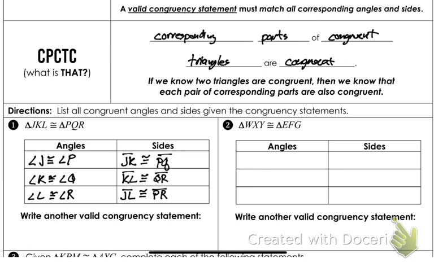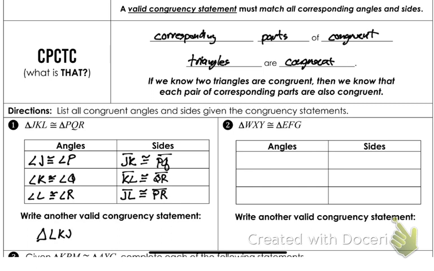Now, be careful what I'm asking next. It says write another valid congruency statement. We've already listed all of the angles and all the sides, right? When I ask for another congruency statement, I'm saying take this and jumble it up. So I gave you triangle JKL. You need to write that in a different way. So instead of JKL, maybe I do LKJ.